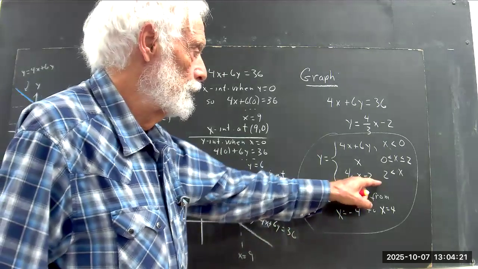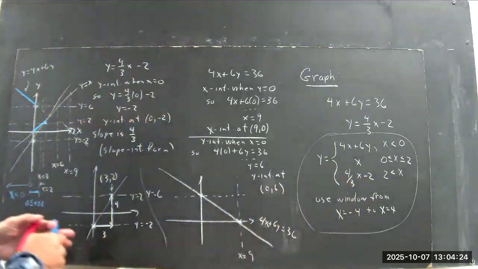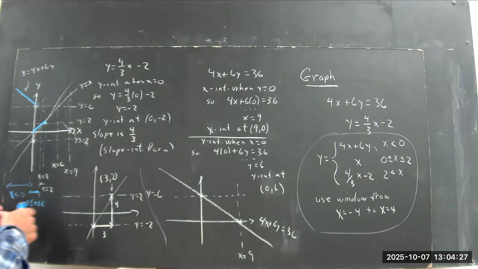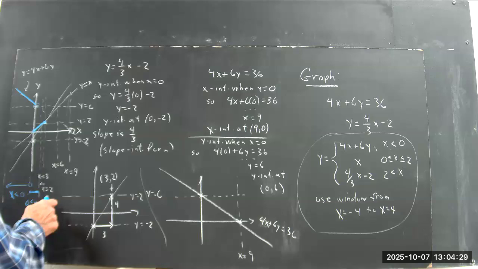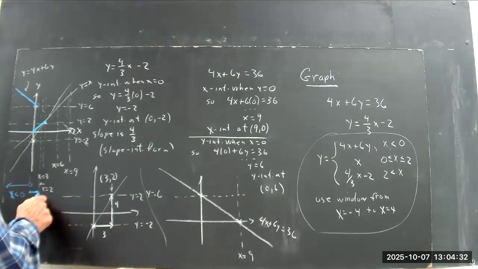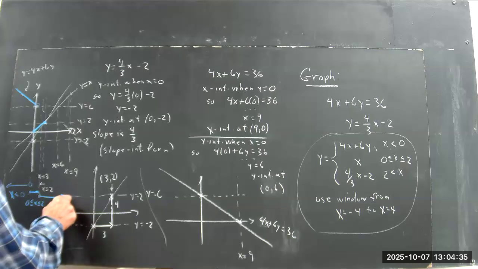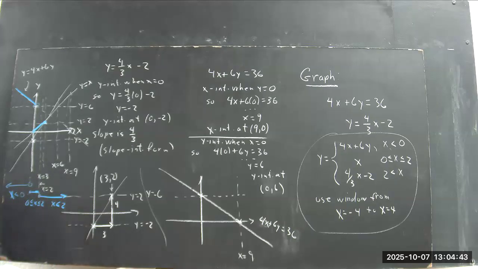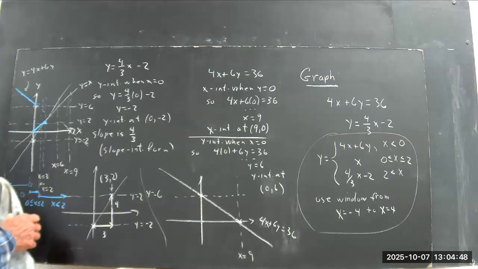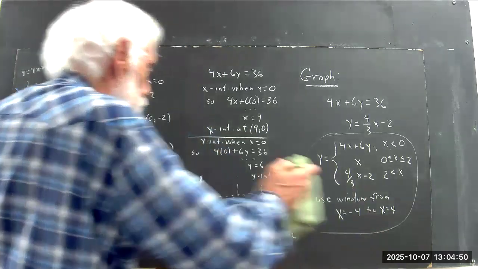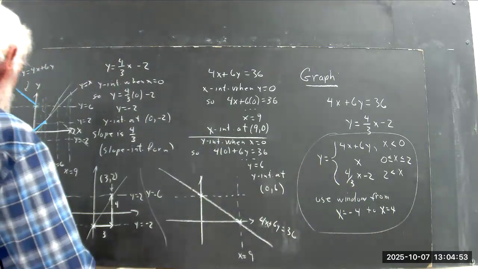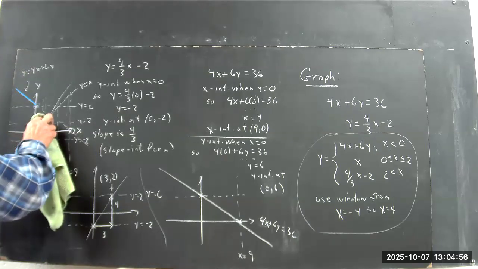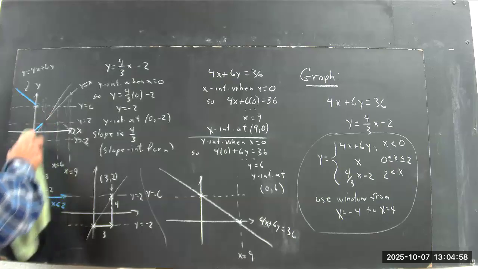Then it follows the line y equals 4/3 x minus 2. Well, the last interval starts here and goes on.